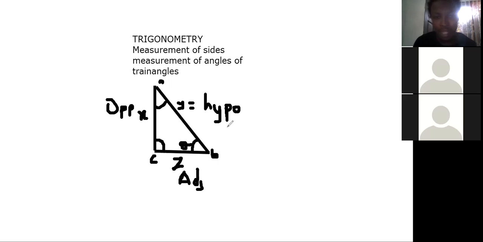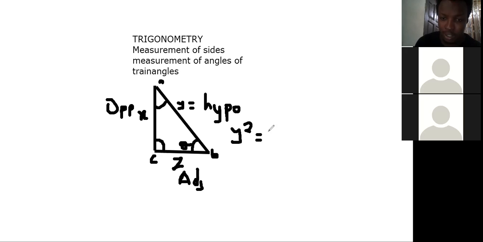Now, according to Pythagoras theorem, when we have something like this, how do we calculate it? You are saying that the square of the hypotenuse, which is y here, should be equal to the addition of the square of the opposite and the adjacent.